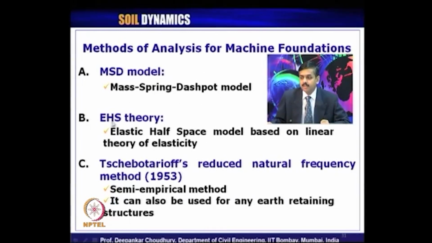The second method is called EHS theory. EHS theory comes from the elastic half space model. It is based on the linear theory of elasticity. That is another method of analysis for designing machine foundation.